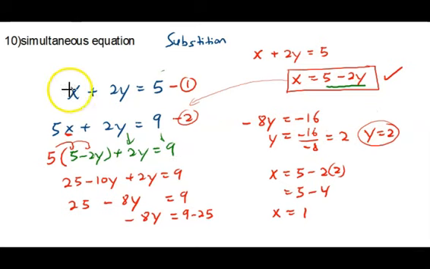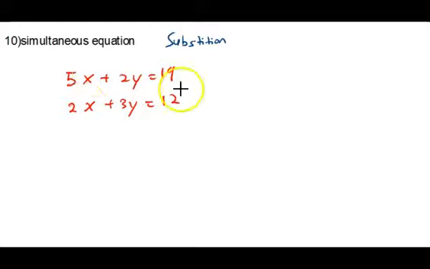Now this is the first type. Let me give you a bit harder one, which will involve fractions. Okay, example like this. Now we are going to take either one of these equations. Let me take the hardest one. I take number 1. I make x my subject.